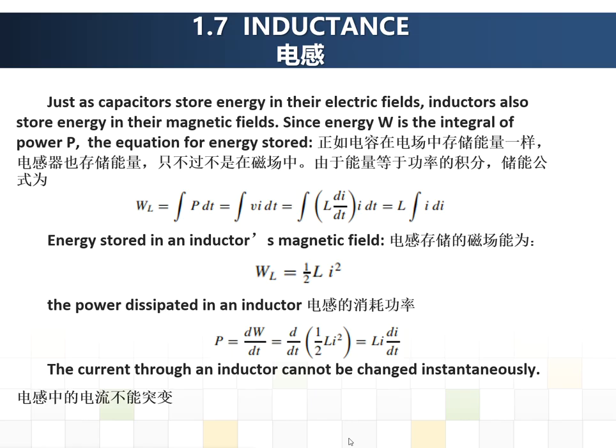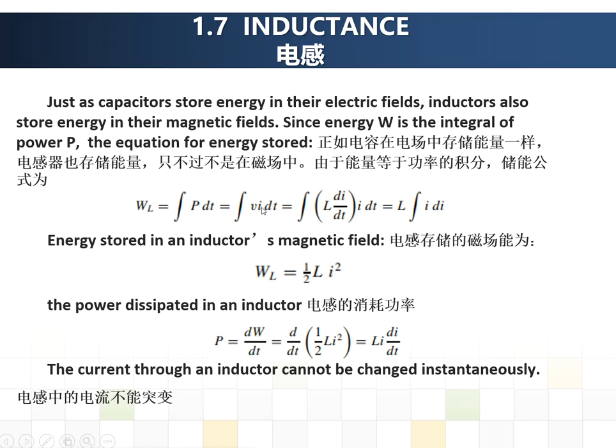Since energy W is the integral of the power P, the energy stored in the magnetic field, WL, is equal to the integral of P over time. Since P is equal to V multiply I, WL is equal to the integral of VI over time.